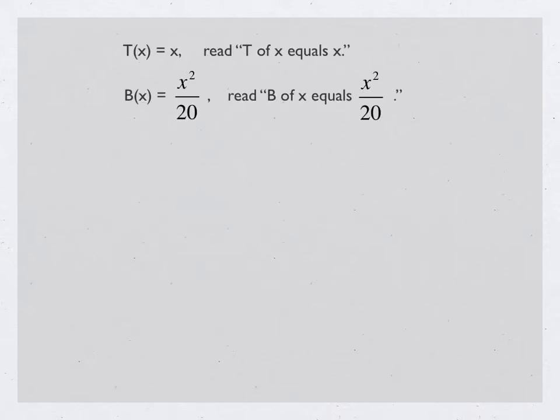Okay, so for example, this first one would be read t of x equals x. T of x equals x. Here I would say b of x equals x squared over 20. Okay, so really this b of x, t of x, that's what I want you to get used to.